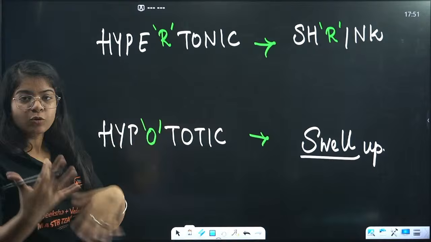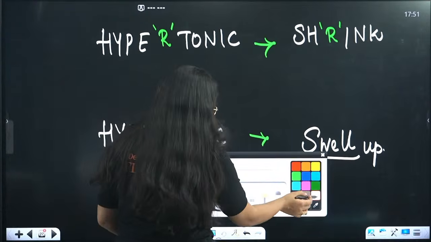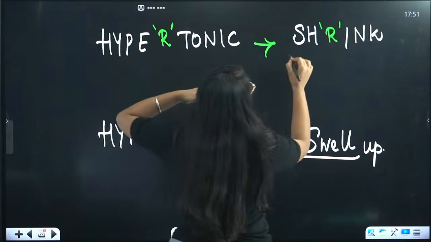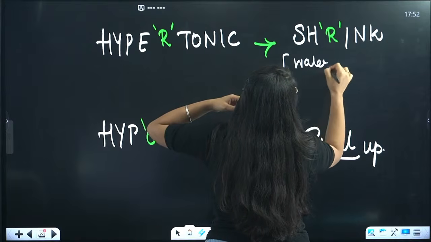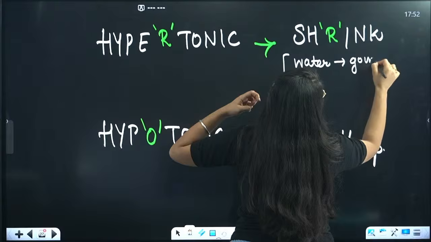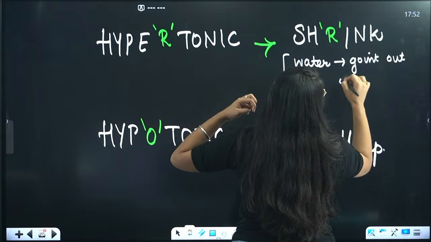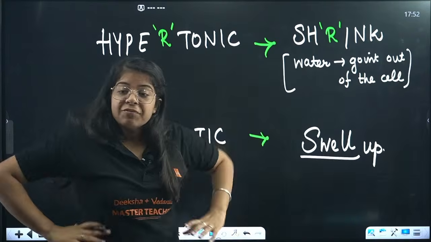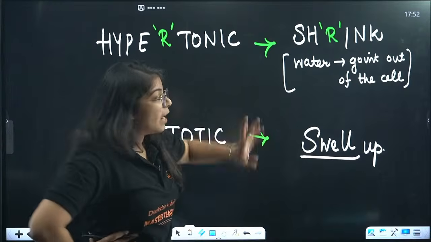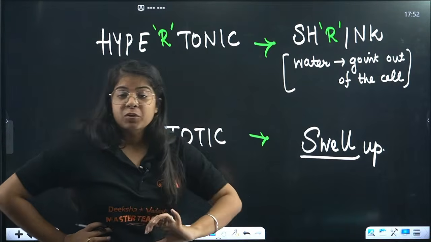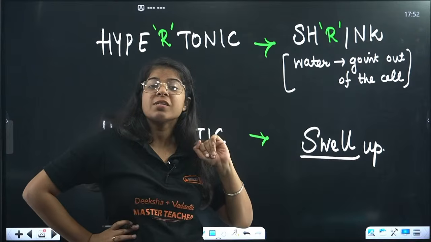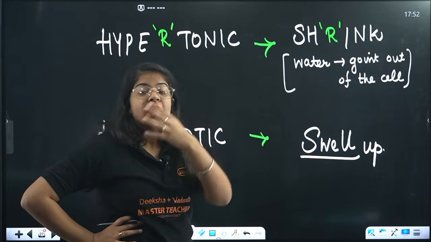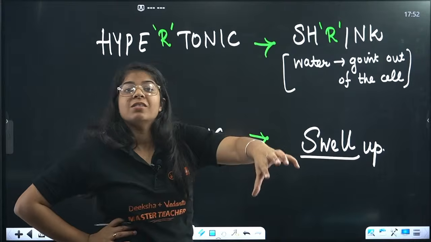Okay, now let's try to move backwards. How do we understand? See, when we move backwards, shrink means what? Shrink means that water is leaving the cell, or water is going out of the cell. Understood? Right? If the water is going out of the cell, and we know in osmosis the normal transportation is from high concentration to low concentration, that means before going out, inside the cell the water is more, outside the cell water is less.